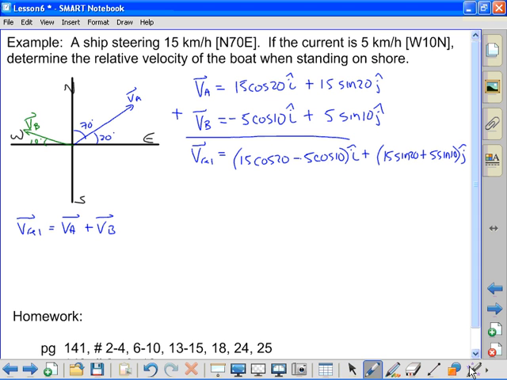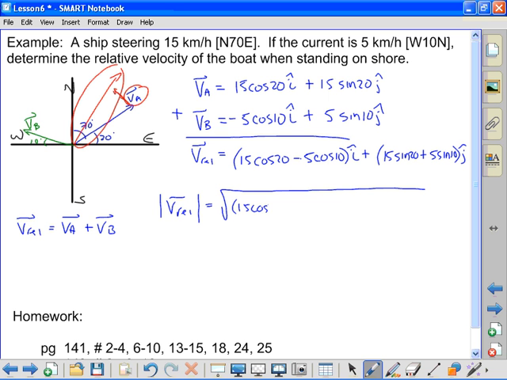Using a little bit of common sense here, we know that VA is in this direction, that's where we're headed. VB is going to be pushing it that direction. I would anticipate my resultant is in quadrant 1 because I don't think it's enough to shift it in the opposite direction. So that's going to be helpful. So the magnitude of the relative velocity, how fast is the boat actually traveling? It's the square root of what we have above: 15 cos 20 minus 5 cos 10 squared plus the 15 sine 20 plus 5 sine 10 squared.